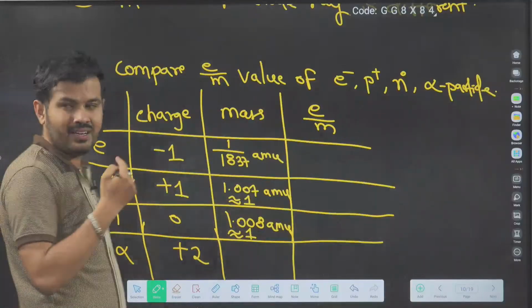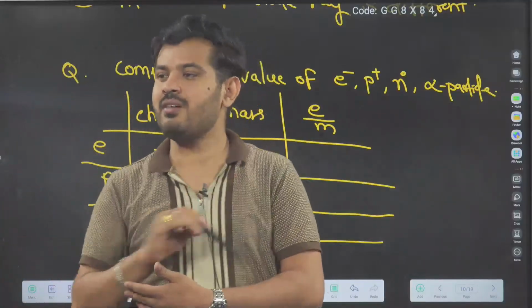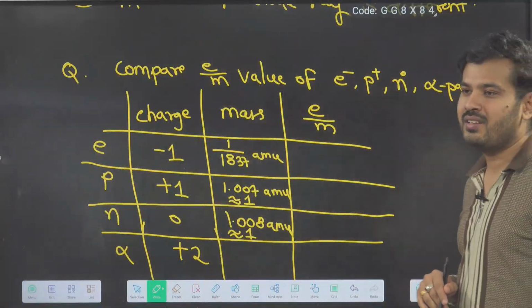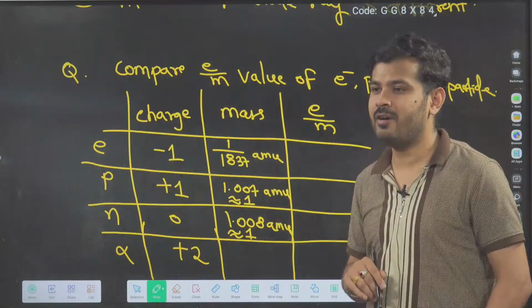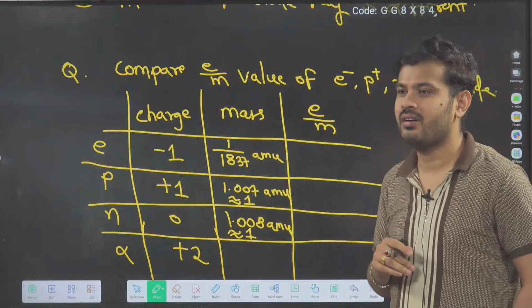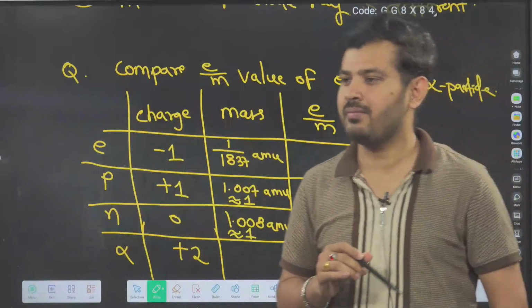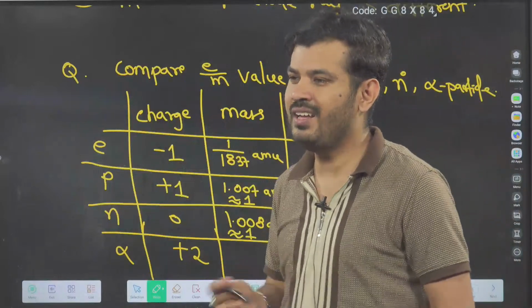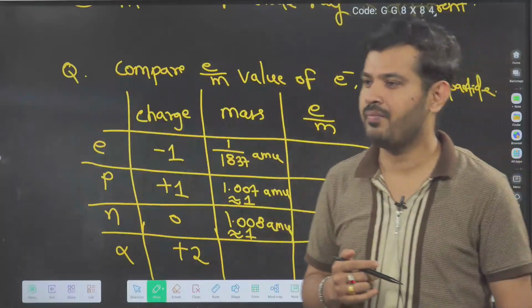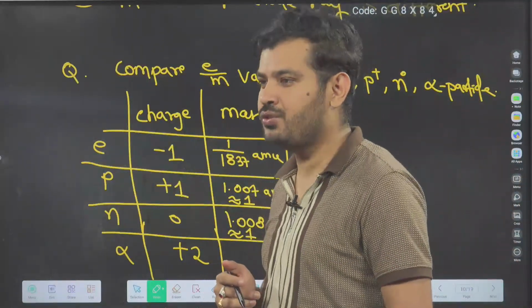What is the mass of the alpha particle? Alpha particle is helium 2+. What is the mass of helium? Helium atom or helium ion, same mass. Atomic number is 2, mass is 4.